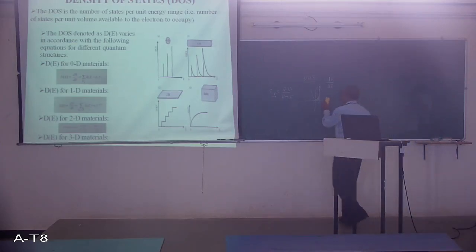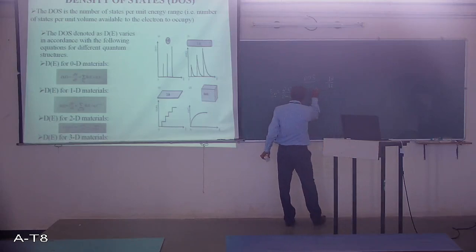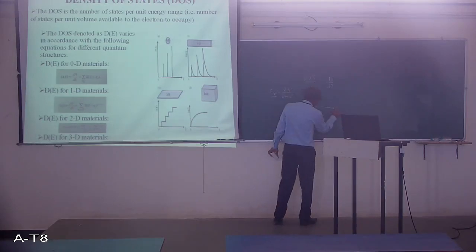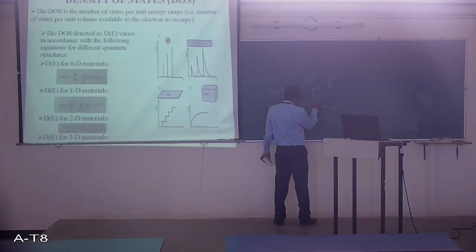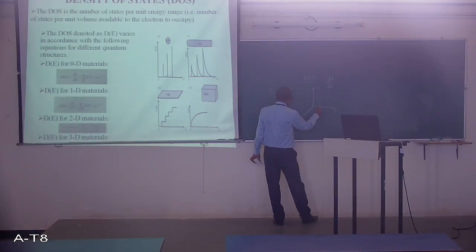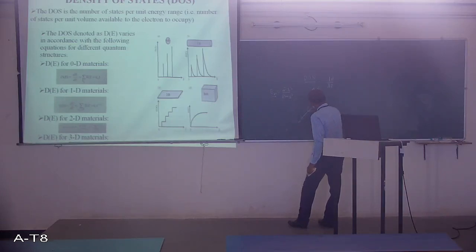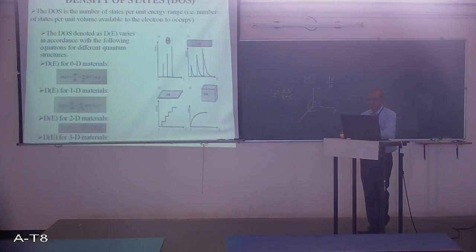space. If you take a box, that is a bulk material, along x coordinate, y coordinate, z coordinate. If you take a parabolic nature, this is the length of the box along x coordinate, that is Lx, this is Ly, this is Lz along y and z respectively.